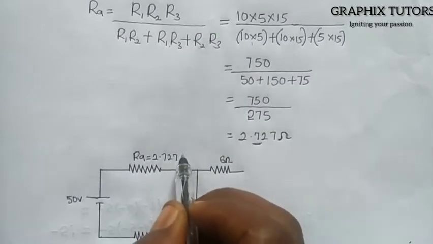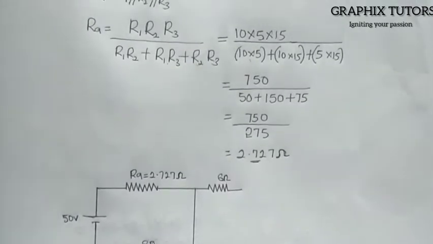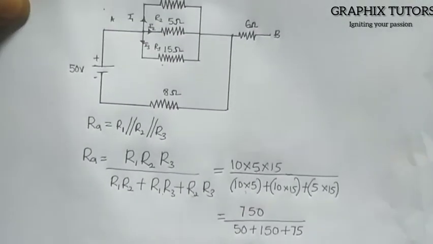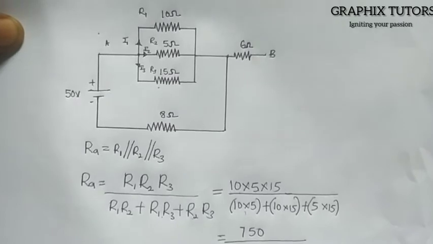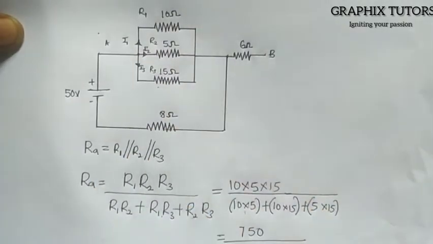This is another ohms here, then this is 8 ohms. So I have redrawn this, and the only thing I changed was making a single one with this and this.